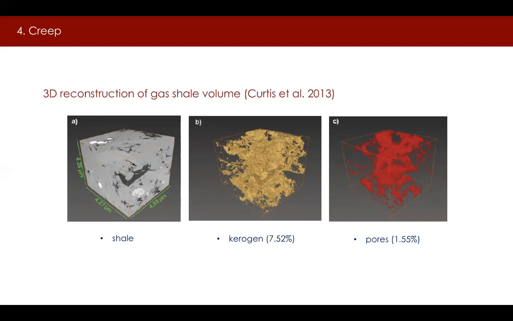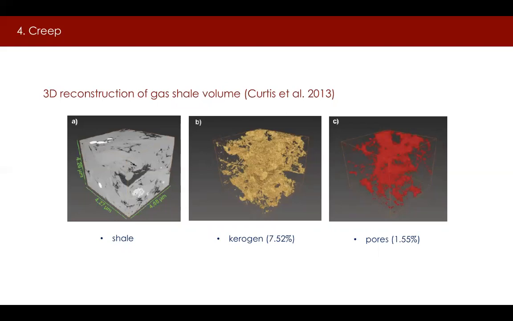On this slide, we show 3D reconstruction of shale volume from serial sectioning and imaging. The figure on the left shows a 3D solid rendered from 500 backscattered electron images. By setting thresholds on the grayscale of this 3D solid, the kerogen and pore distributions can also be constructed.